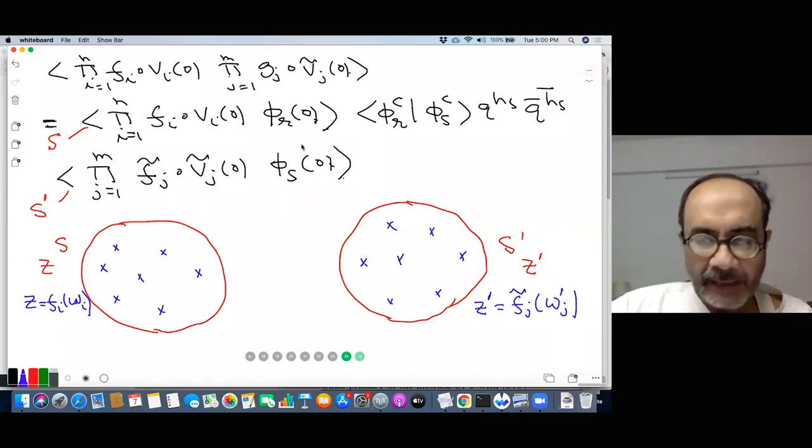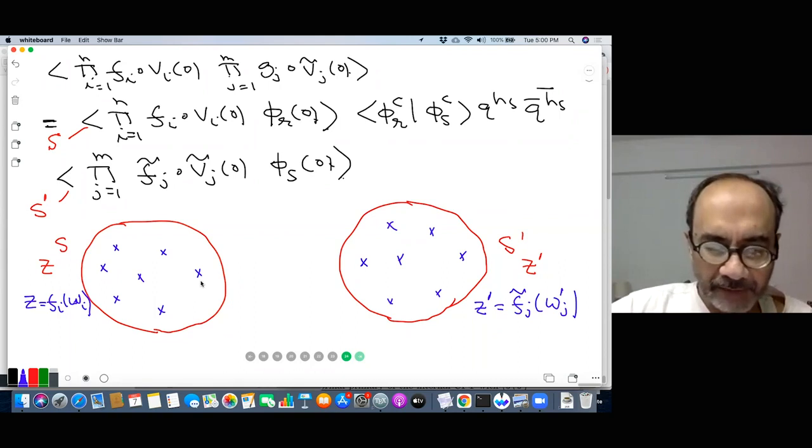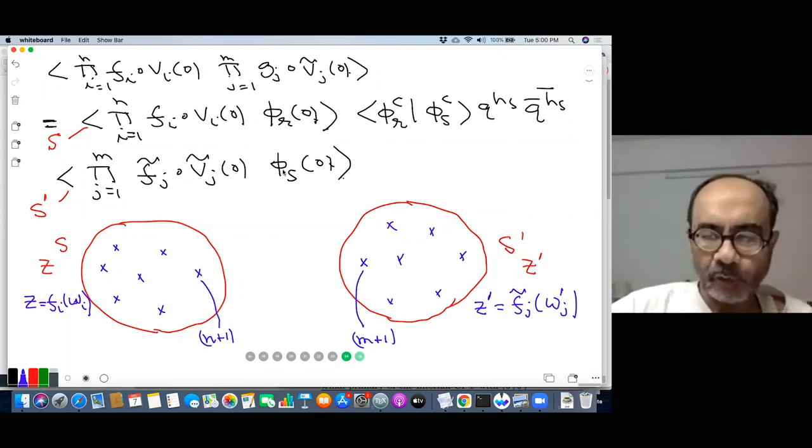And now you see that this has one extra puncture, phi r of 0. Let's call that the extra puncture. So this is the n plus 1th puncture on this side. On this side also there is one extra puncture, the m plus 1th puncture. Here the local coordinates are just z and z prime, because there's no transformation involved here.